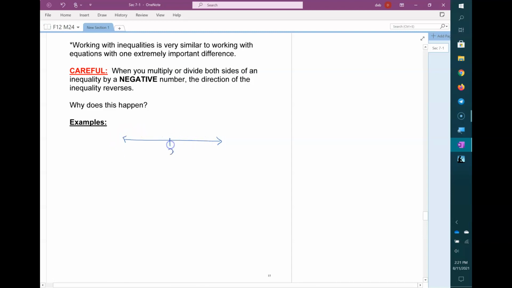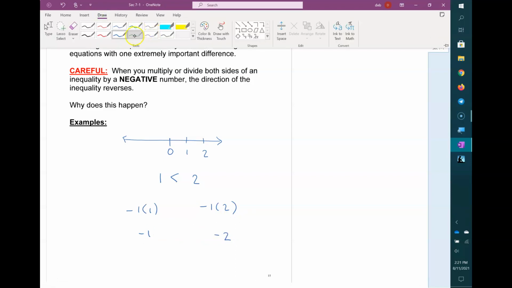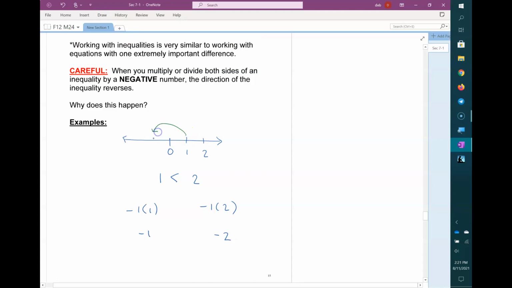So let me have a number line here, and we're going to look at the numbers 1 and 2 and compare them. And 1 is smaller than 2, I think we'd all agree, right? Well then, if I multiply both sides by negative 1, now I have the numbers negative 1 and negative 2. So multiplying by a negative number has the effect of moving the points to the other side of the 0 on the number line.